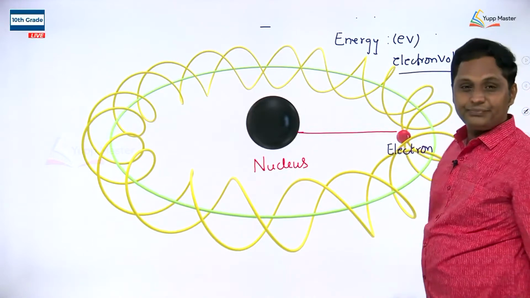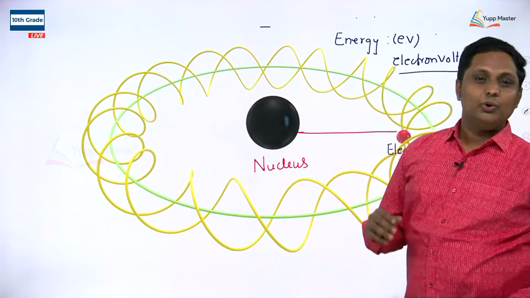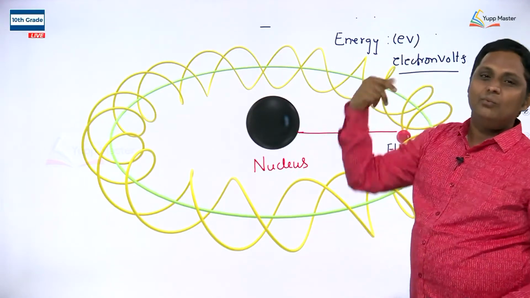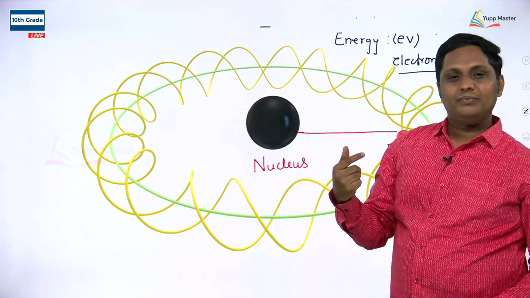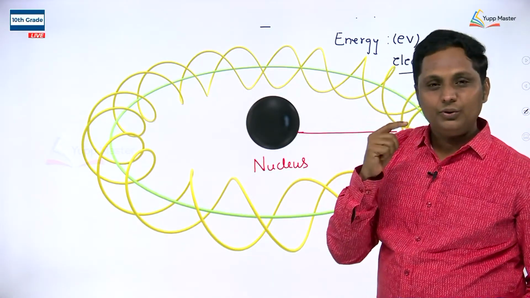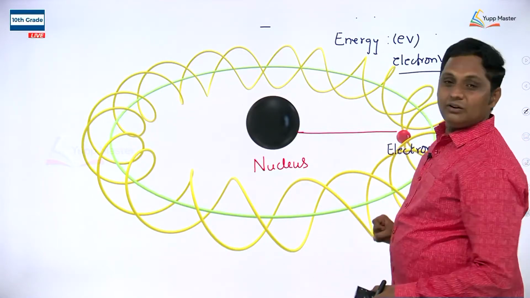The question is, 1 electron volt is equal to how many joules, but you need to know that electron volts can be used to represent energy.